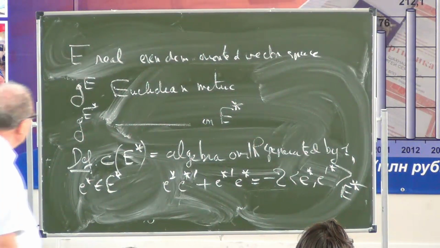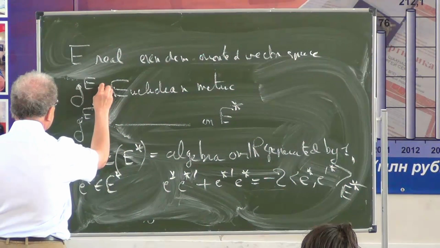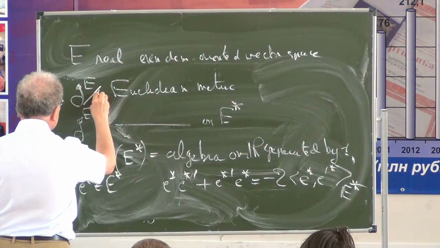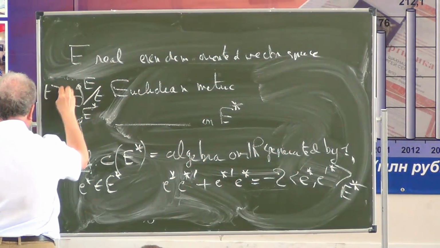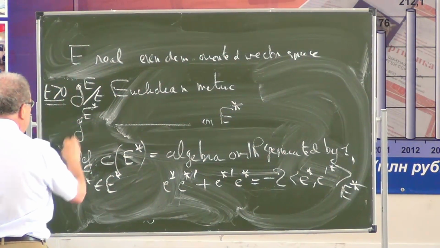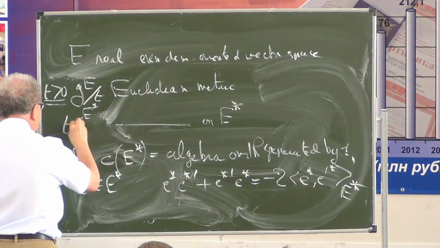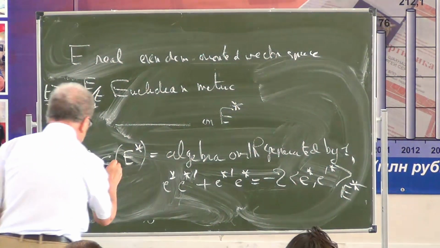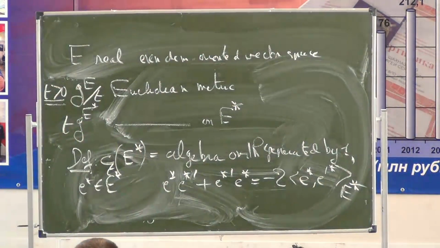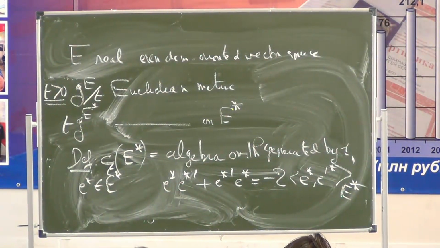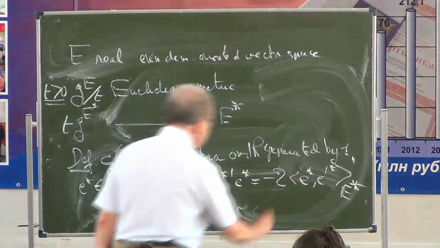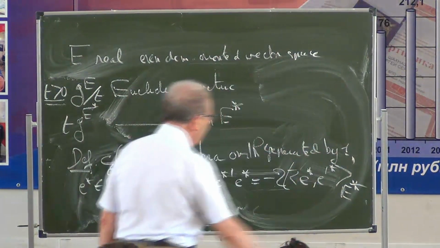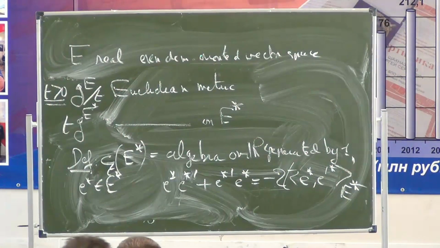So the important thing to notice is that if I scale the metric g_E by a parameter T, then the corresponding dual metric scales by the factor T. And so we do have now a Clifford algebra depending on the parameter T, where T appears on this side.